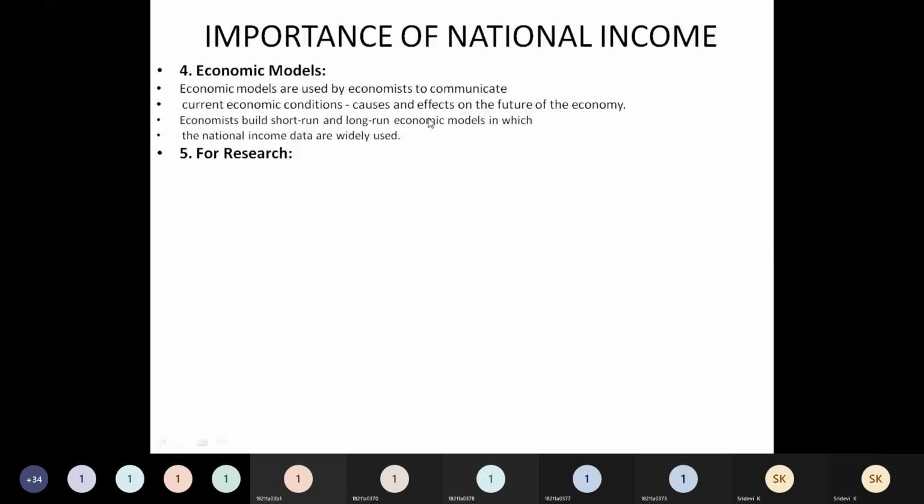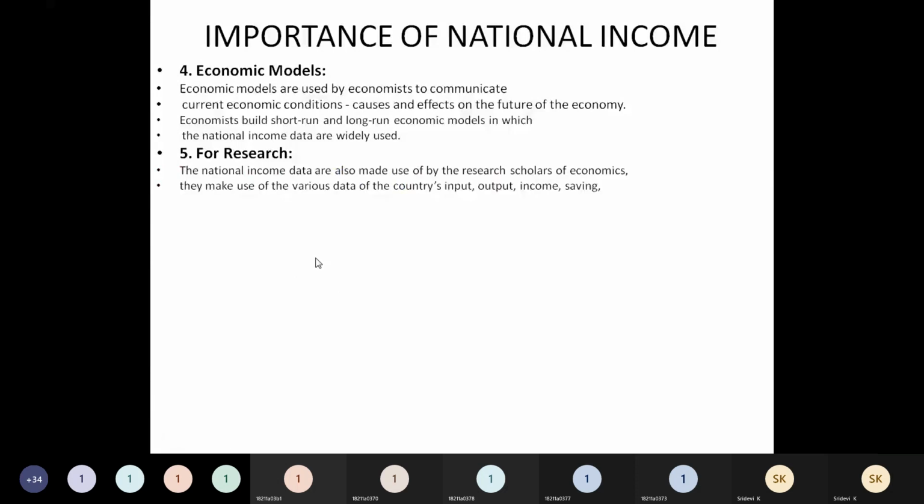So everyone will become poor because of closing down of industries, etc. And this will also help the researchers to conduct research, how this will be affected in future.